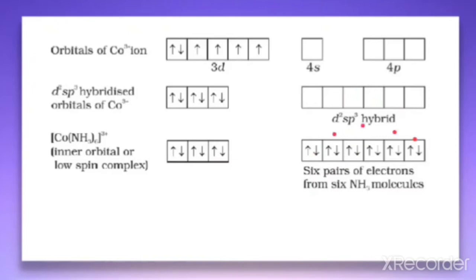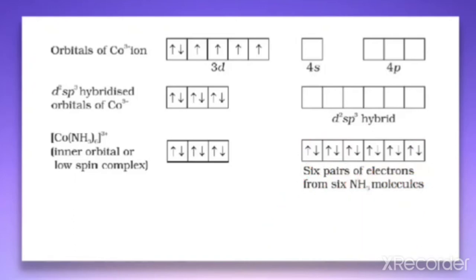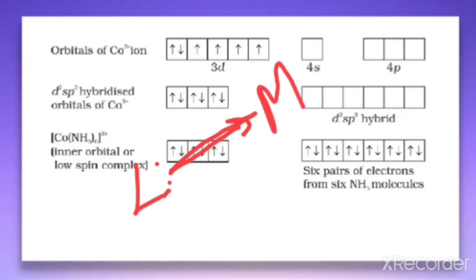These 6 hybrid orbitals receive the 6 pairs of electrons from the 6 ammonia molecules. The ammonia molecules contribute the electrons to the hybrid orbitals of the central metal ion, forming a coordinate covalent bond. The central metal ion is not contributing electrons to form the bond, only the ligands are, because ligands act as a Lewis base that contributes electrons to the central metal ion, which acts as a Lewis acid.